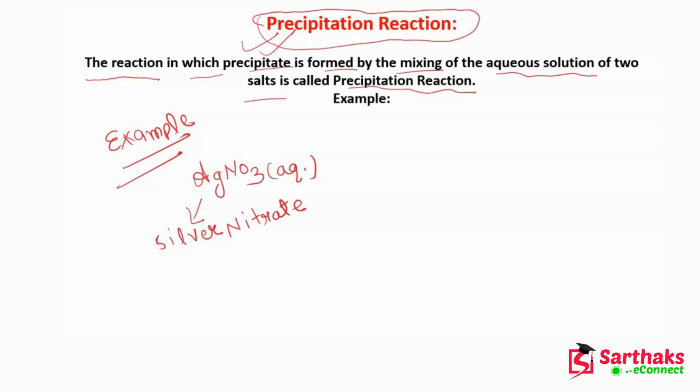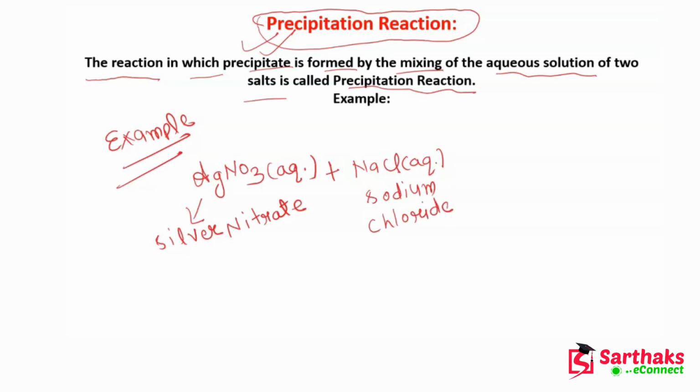So guys, when we mix this solution with the solution of NaCl, which is our common salt, I'm taking also its solution, and the name of this NaCl is sodium chloride.